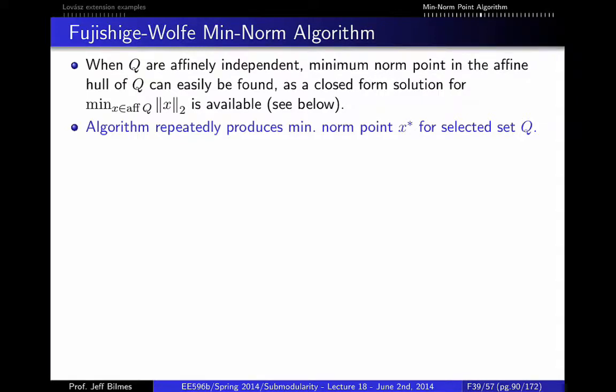So what the algorithm really does is it repeatedly produces a min norm point x star for the set Q. And remember, Q is guaranteed to be affinely independent.